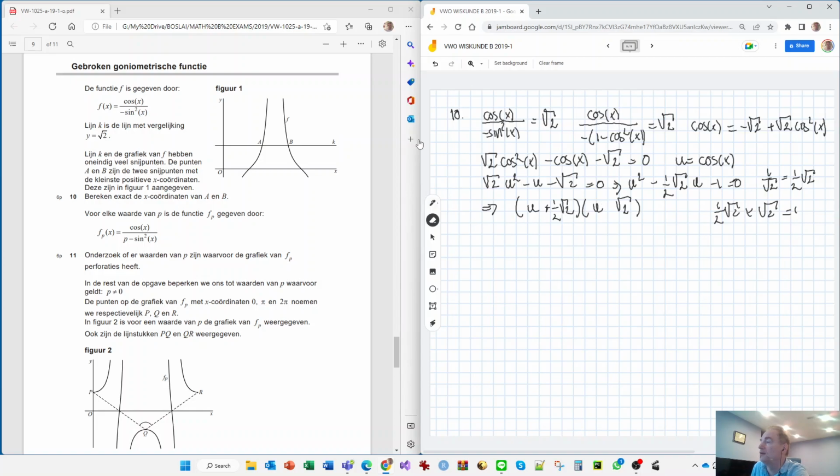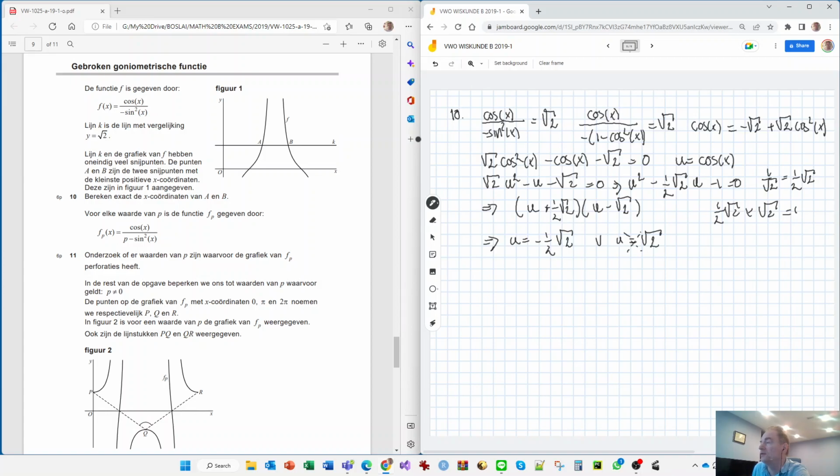Make this, and now I get minus 1/2 square root of 2 u and the minus 1 here. So I find u is minus 1/2 square root of 2, or u is the square root of 2, but since u is cosine of x, this can never happen for any x.